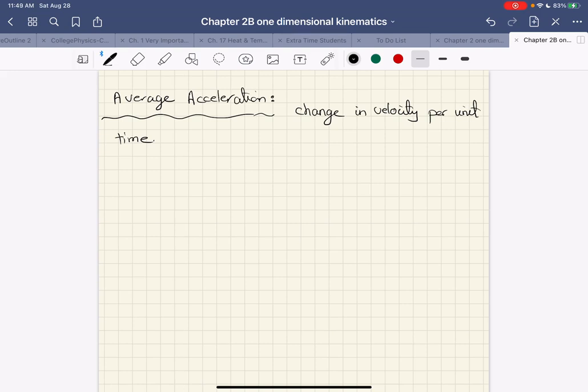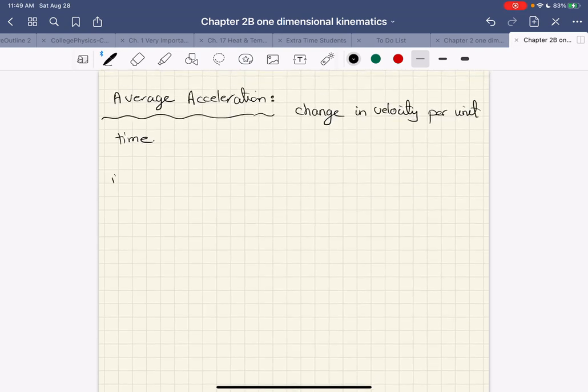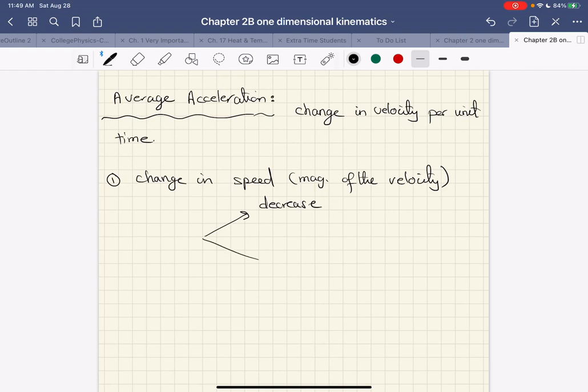It should be velocity. The reason is I might have acceleration to make a change in what? In speed, which is here, I will say, the magnitude of the velocity. And here you might have either a decrease in speed or increase in speed.